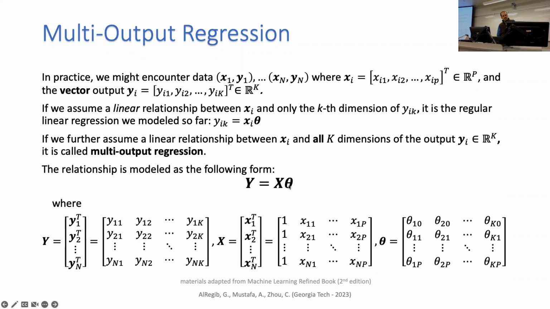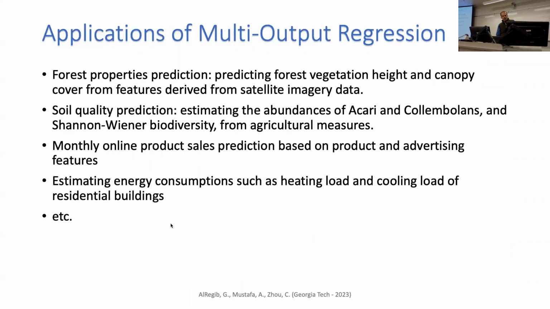Nothing changed on the right-hand side because my output is a vector, or multi-output in this case. So same equation, same everything. The only difference will be in my output. This is something you will deal with as well in the homework.